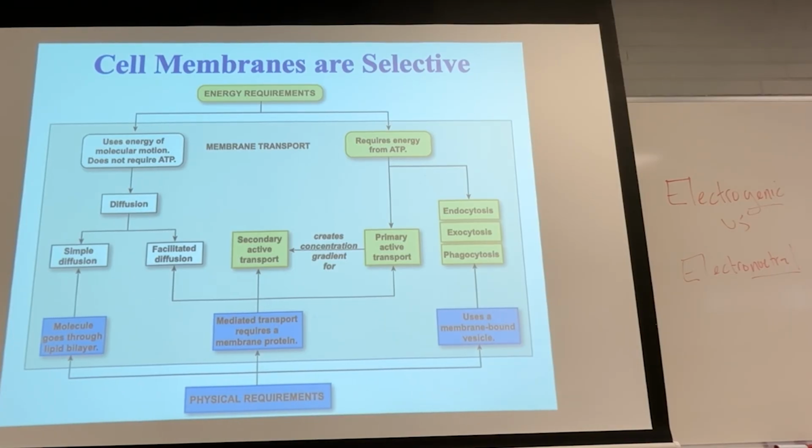That requires the use of the actin belt that I mentioned yesterday and motor proteins like myosin. And we know myosin uses ATP, right? So if I want to move the membrane around, I have to use ATP energy. So all vesicular transport is active transport. Okay, so far so good?